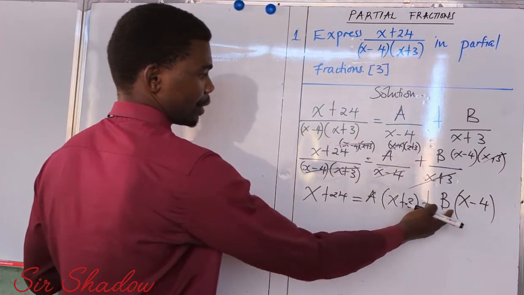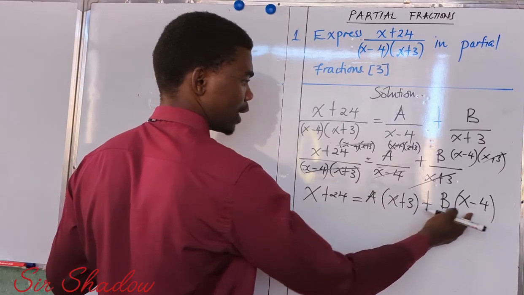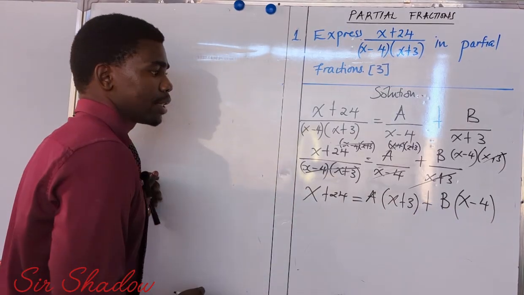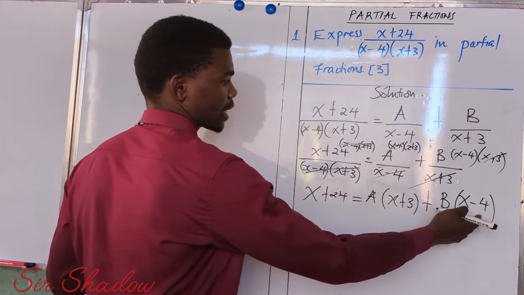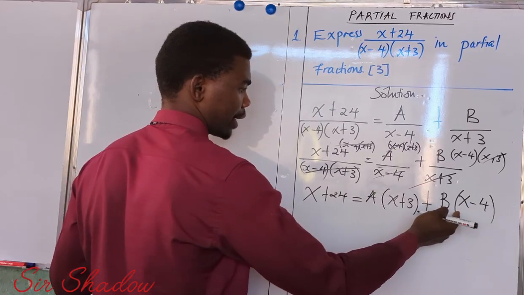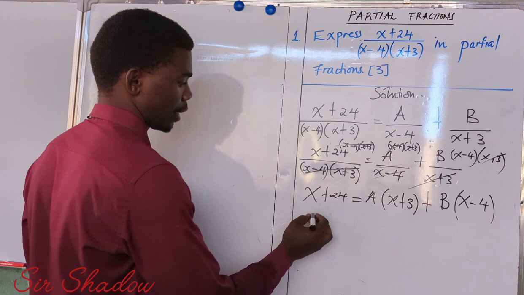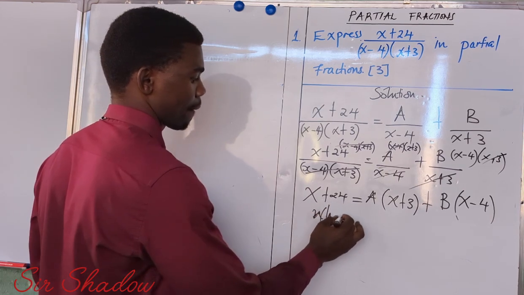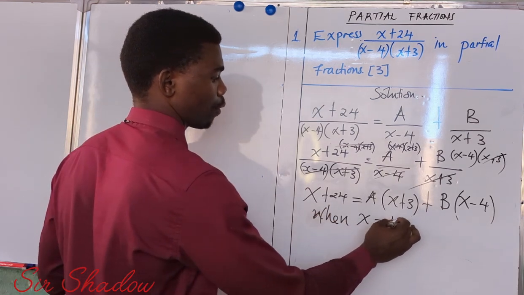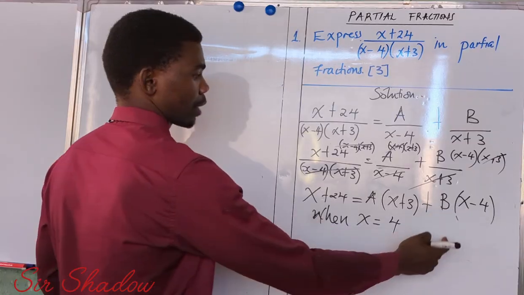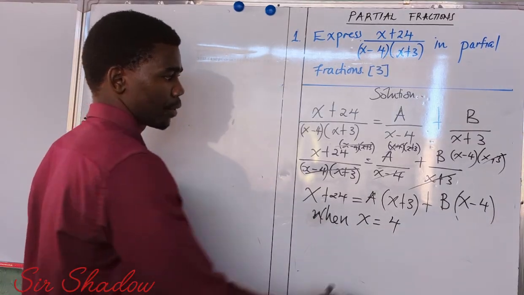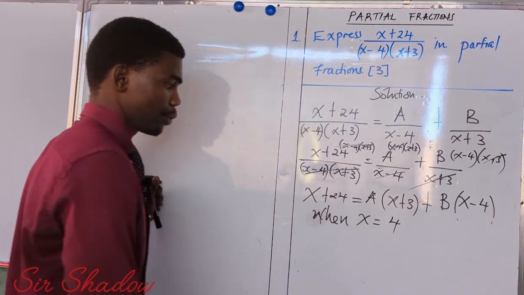So for me to eliminate b, I have to check the expression which is the coefficient of b, which is x minus 4. For me to get 0 here, I have to say when x is equal to 4, that's for me to get 0 here. If I say x is equal to 4, this one becomes 0.